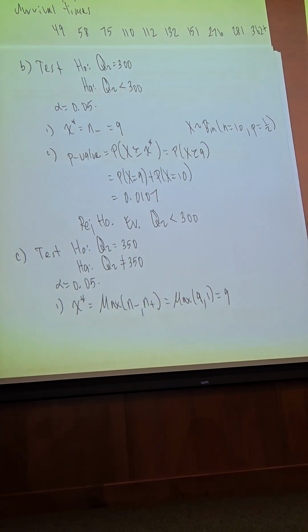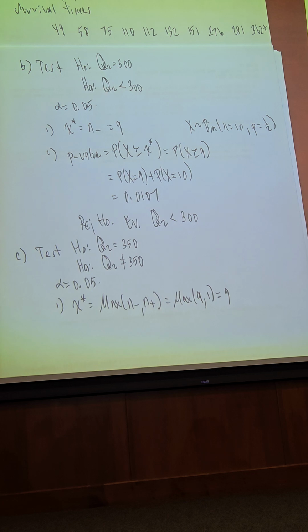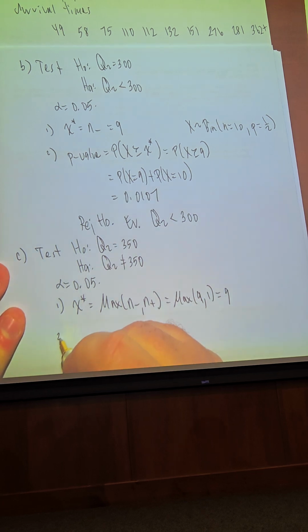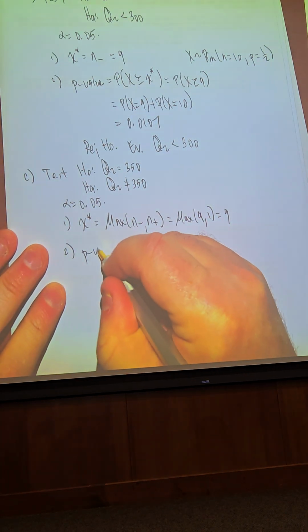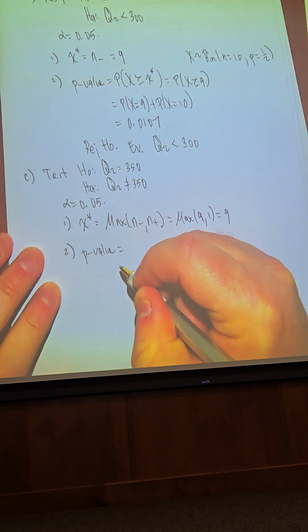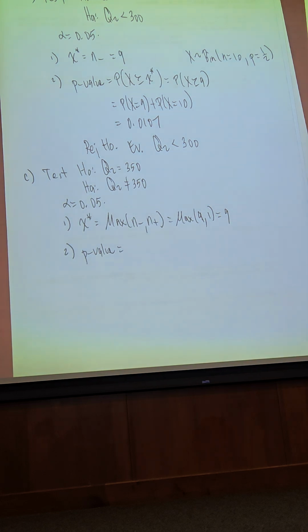Is that okay, you guys? Right? Okay, step 2. You guys tell me how to find the p-value. How would you find the p-value here? Look at my alternative. Is it a one-sided alternative or two-sided alternative? Two.